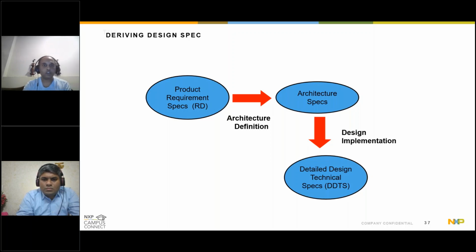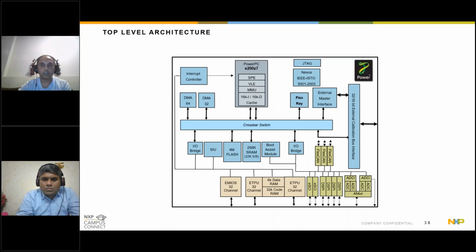Okay, moving next, this is just one typical block diagram which may come up through all the steps we have seen in the previous slide. In any typical SoC, you may have a core. Let's say here we are showing PowerPC as one core.